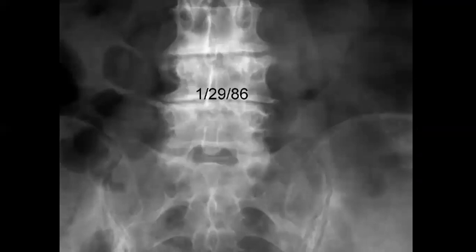So let's have a look at this case. We already mentioned some spine when we were in the neuro session, right? So what do you think about here?